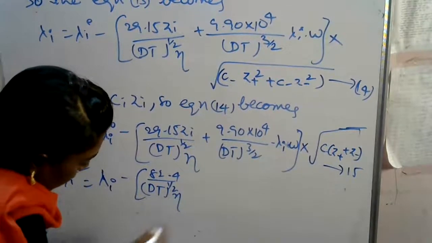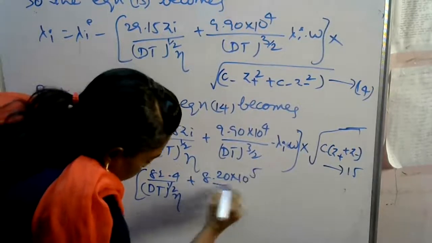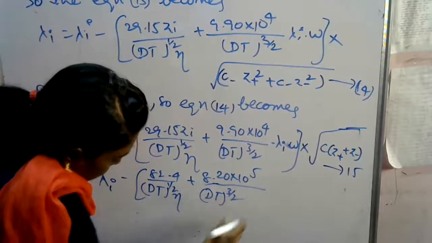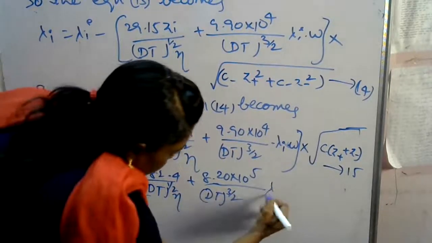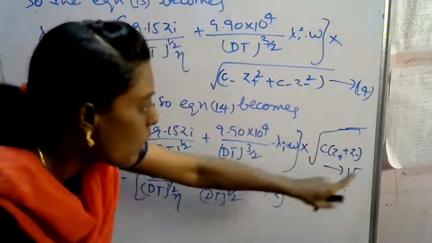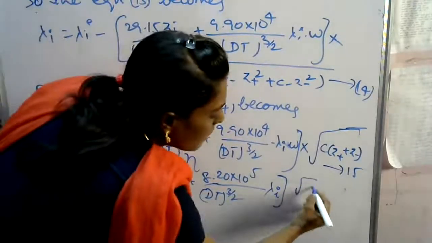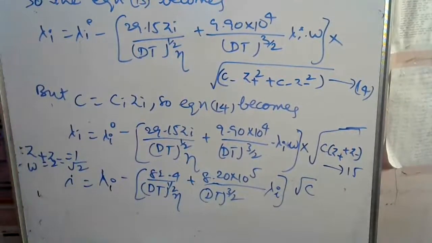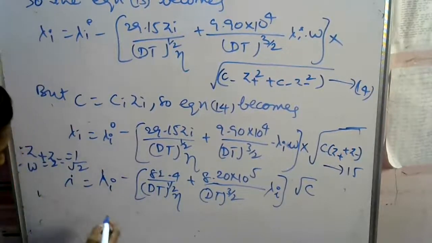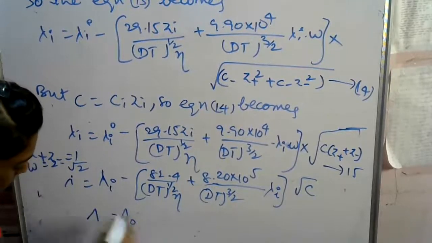n, okay, plus 8.20 into 10 power 5 by dt power 3 by 2, okay, lambda i naught into, we have to just write this term as concentration, root C. So it also can be written as totally lambda is equal to lambda naught.